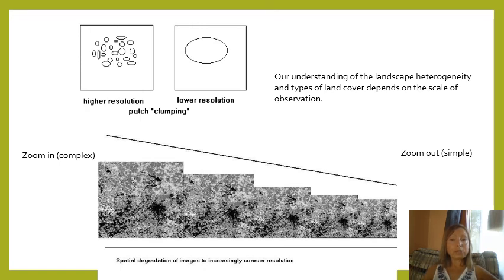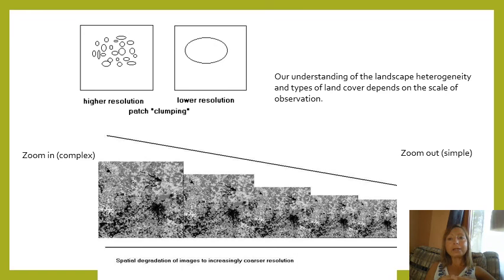We can zoom in and zoom out, and depending on whether we are scaling up or scaling down our data, we can see a very complex landscape pattern, or we can see a much simpler landscape pattern, because we'll really see the spatial clumping of different elements of the landscape, where instead of seeing many different small elements, they will be aggregated and clumped together in our observations, let's say on satellite imagery or on air photo.